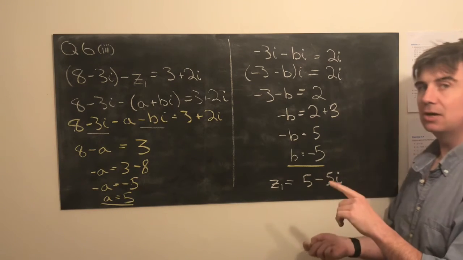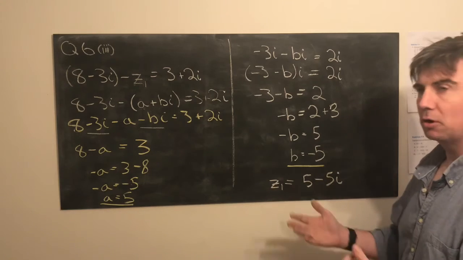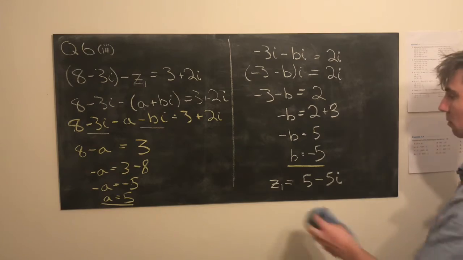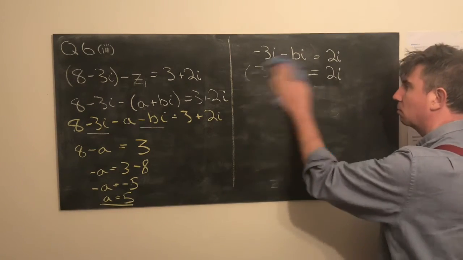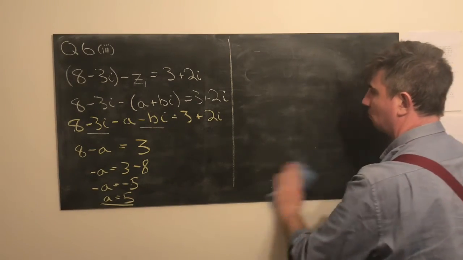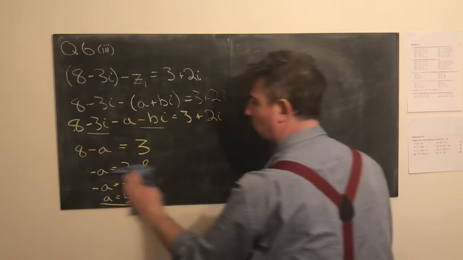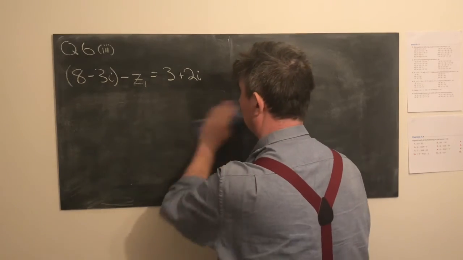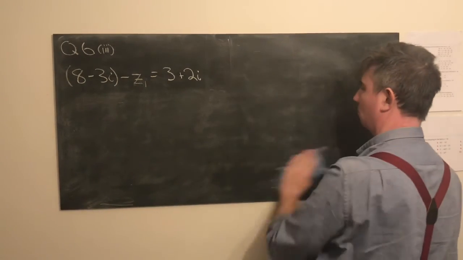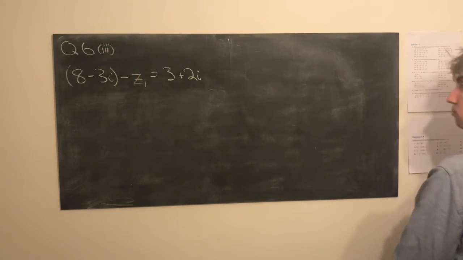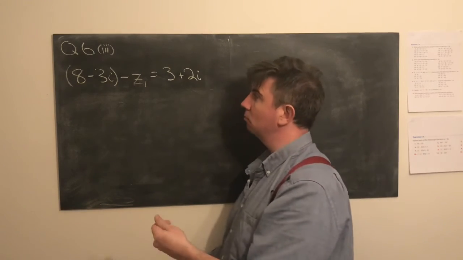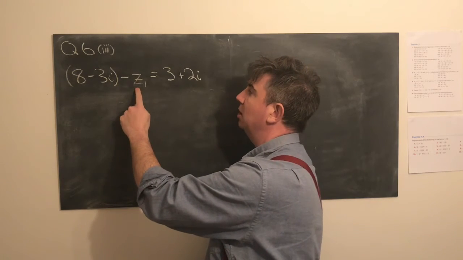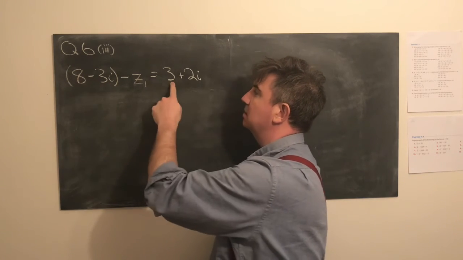Now, let's take a look at a more intuitive sense of doing that same question. There's going to be some real number in Z1 that I take away from 8 to give me 3.